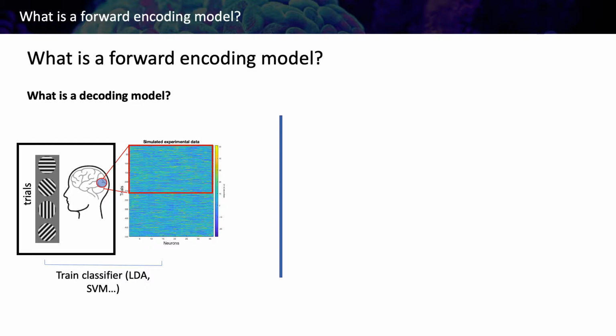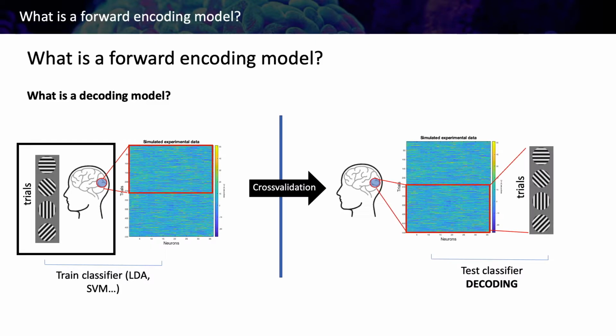Once you have trained your classifier, the next step is to cross-validate to avoid overfitting, and then you take data from the brain in another registration session, and verify whether using that brain activity you can classify the different stimuli correctly. If you are able to classify the stimuli correctly, that means that there is information in the neural activity that can be used to differentiate between different classes.